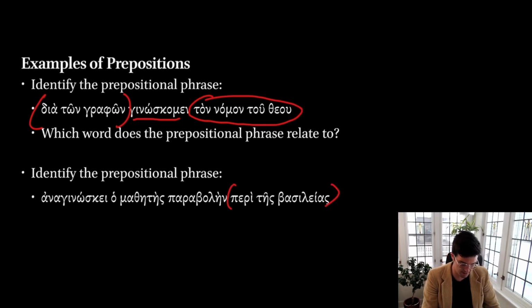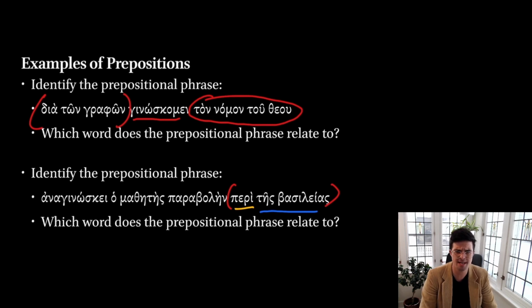So we have the preposition peri with the genitive phrase tes basileias following it, because the preposition peri takes the genitive case, and when it takes the genitive case, it means about or concerning. Peri can also take the accusative case, which means around. So if this were ten basileian in the accusative, then this would mean around the kingdom rather than about the kingdom.